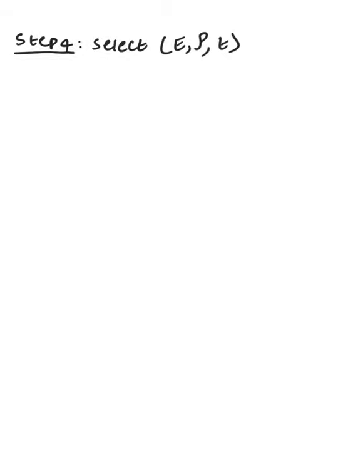So step 4 says select j parameters: select E, rho and t, because these are the parameters that r depends on to form its dimensional value.